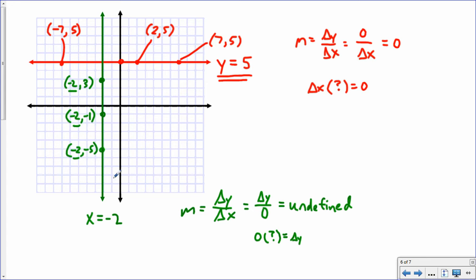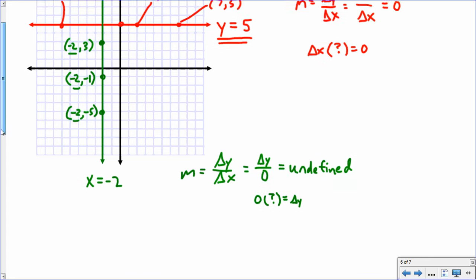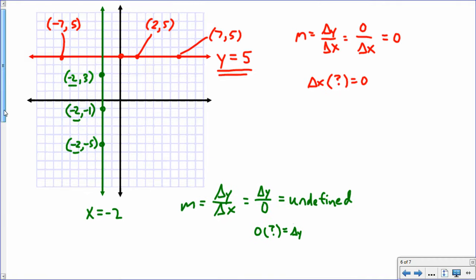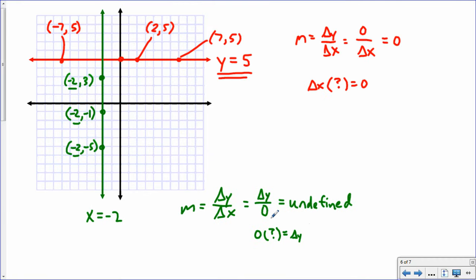And that would take a few more minutes to explain in detail, but I kind of explained it. I gave you the short version of it right here. How many zeros does it take to add up to that non-zero delta y? It doesn't matter how many zeros you add together. You won't ever get to anything other than 0. So that ratio is undefined.